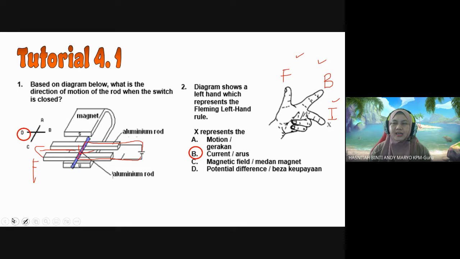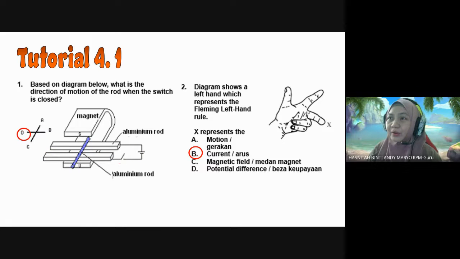Repeat which? Number 1. Wei Xiang, okay, number 1, I erased all the ink. First and foremost, you have to check the terminal of the power supply. The long leg is the positive terminal, which means current flows in this direction. So across this, it flows out, it flows to the front, meaning out. So your middle finger points out, the direction of current is out. And this magnet, you see the south is on top.